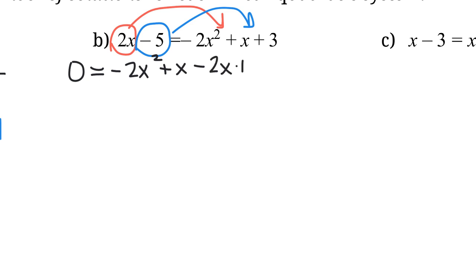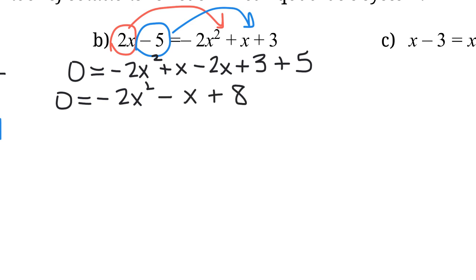I have a +3 that I didn't move, but then I have a -5 that I moved over to the right-hand side. That's going to become +5. So if I simplify and collect like terms, that leaves me with -2x squared minus x plus 8.